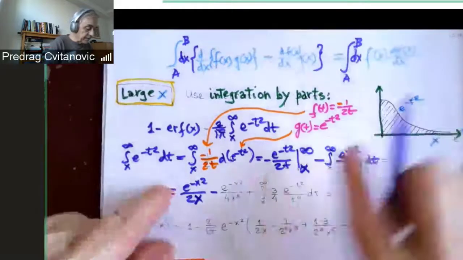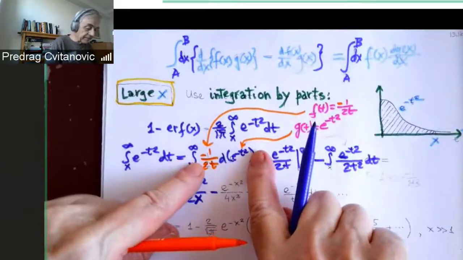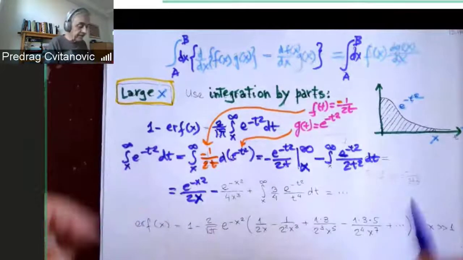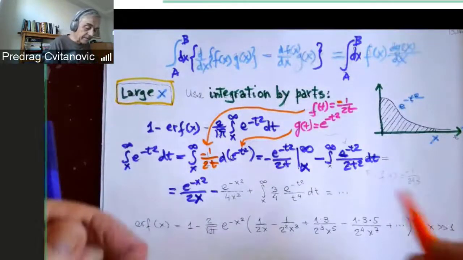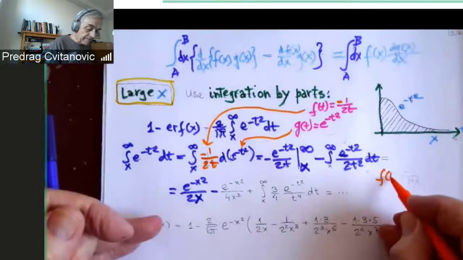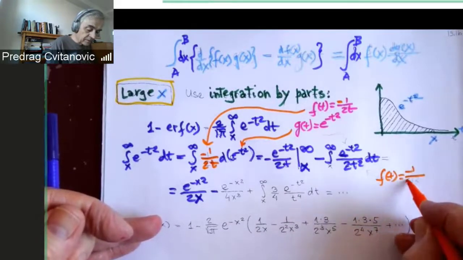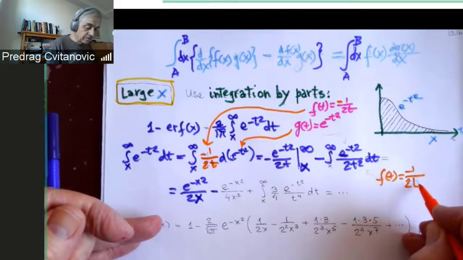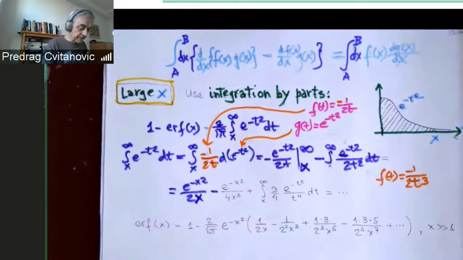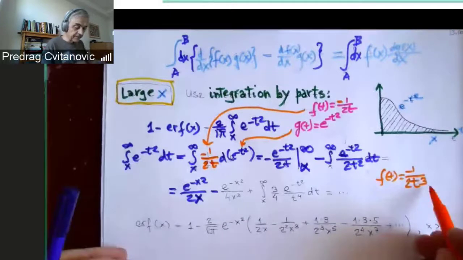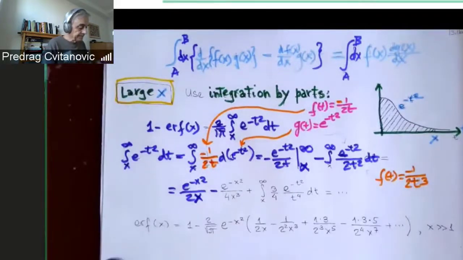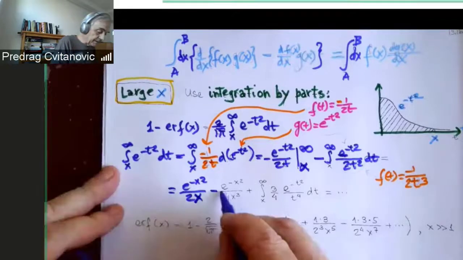Well, it looks very much like the previous one, except the definition of f has changed, because now the new f, in a new wash cycle, is minus 1 over 2t cubed. Because if I take the derivative of this, I'll get something that's squared. So now I wash and repeat.